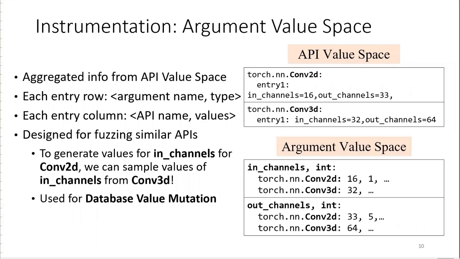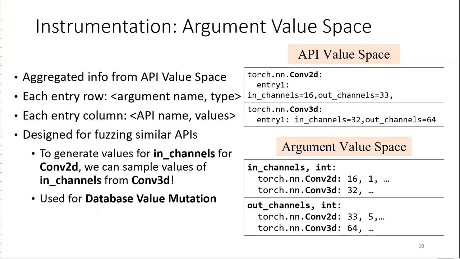After constructing the whole API value space, FreeFuzz will then construct the argument value space. The argument value space is constructed by aggregating the information from the API value space to speed up the queries to our database. More specifically, the row of each entry is an argument name and its type.